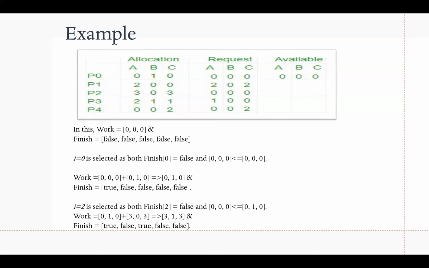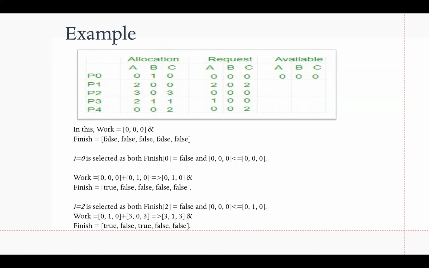So work is equal to work plus allocation. Work is 0, 0, 0 and the allocation of this process is 0, 1, 0. We add them together, so now our work becomes 0, 1, 0. After this, we make that process's finish flag true because it is executed.